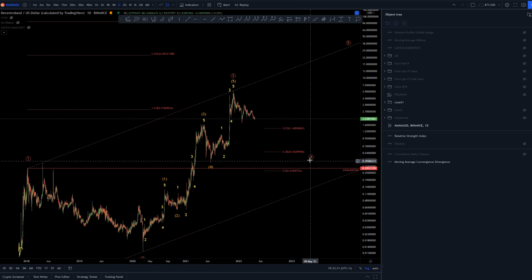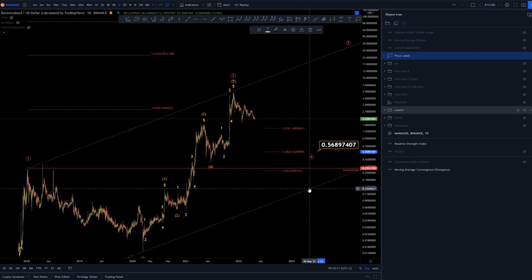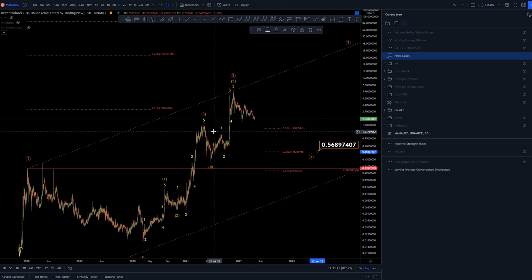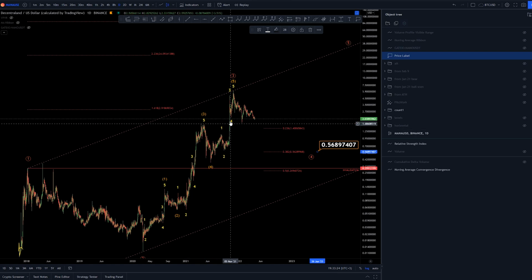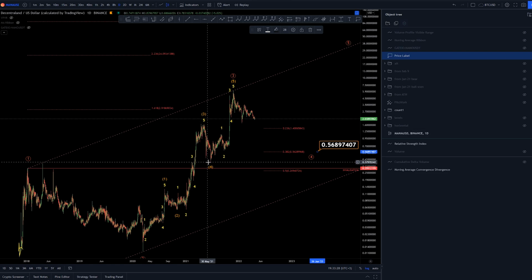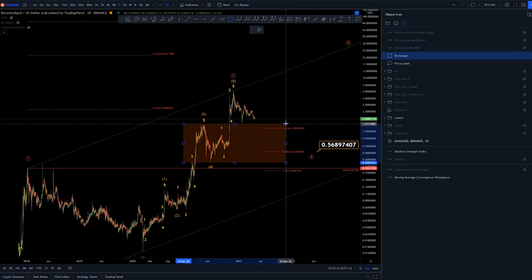Now wave 4 usually comes down to the 0.382 retracement, which is currently sitting at 56 cents, and that is another place where the wave 4 of the previous wave structure, meaning the third wave of primary here, usually goes to.